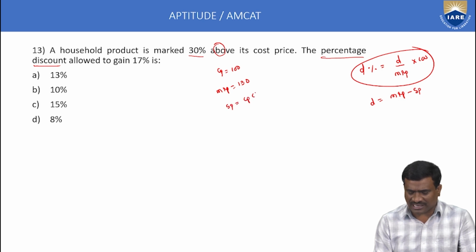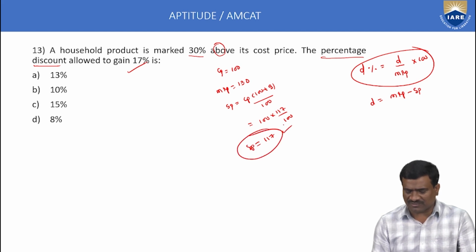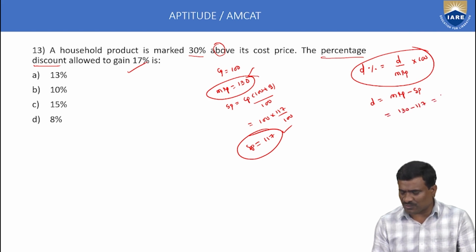Selling price is equal to cost price into 100 plus G by 100, where gain is 17%, cost price 100, so 117. Selling price is 117, MRP 130. Discount, MRP minus selling price, is equal to 13. Discount percentage, discount by MRP into 100, is equal to 10%.